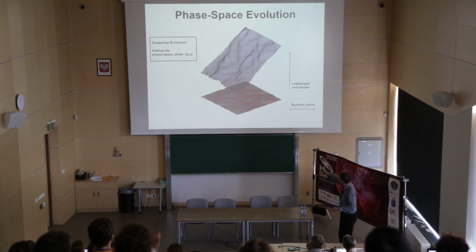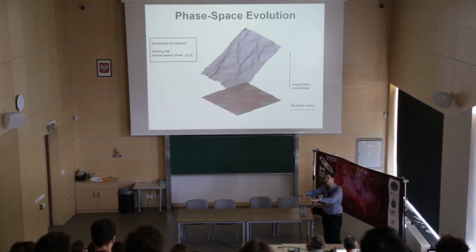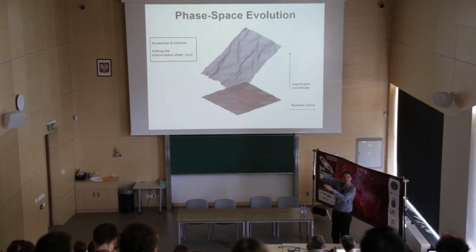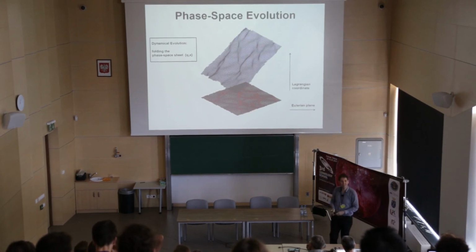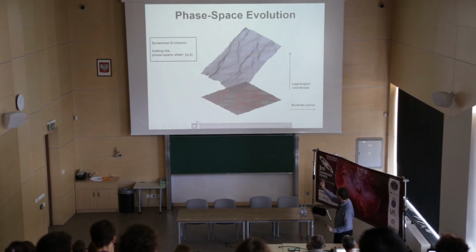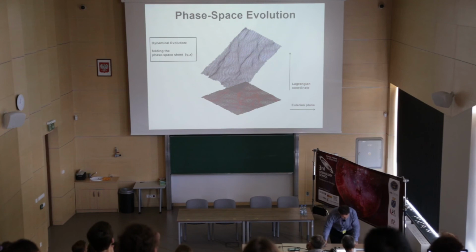This is the Eulerian plane, 2 directions in the plane. That's what you are seeing. But what's really happening because of gravity is the folding of this sheet in phase space. So what gravity is doing is the following. And notice the deformation of the sheet, and in particular its projection, because the projection is what you observe.